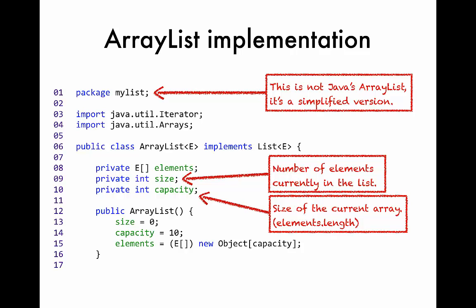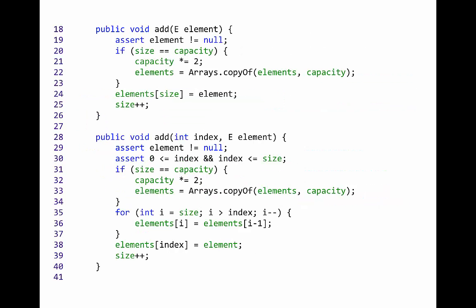These are the two add methods. The first add method adds the specified element to the end of the list, and the second add method adds the specified element to the list at the specified index. To save space, instead of exceptions, we're just putting assertions here. Notice what we're asserting.